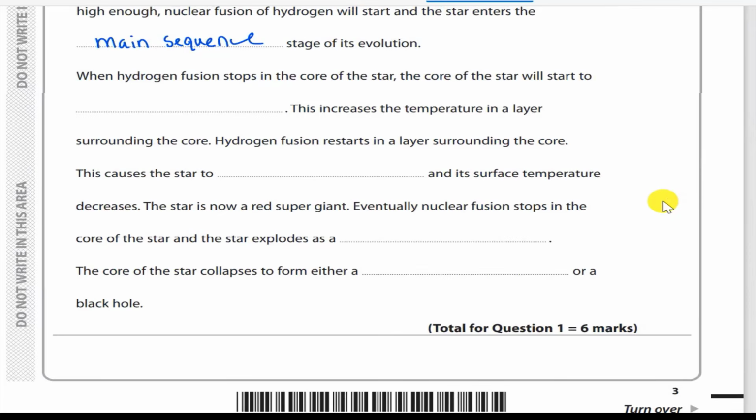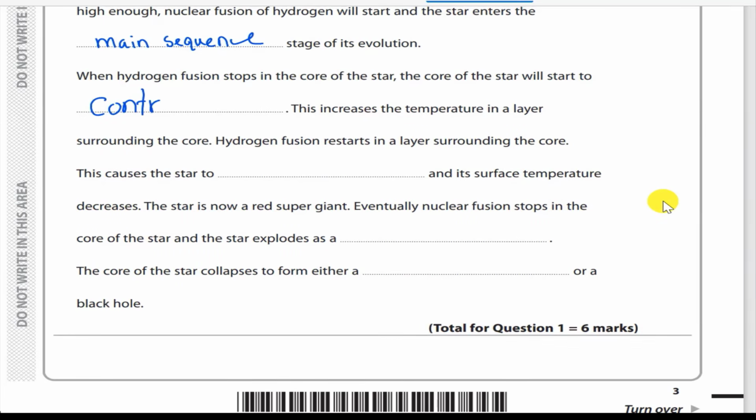When hydrogen fusion stops in the core of the star, the core of the star will start to contract. This increases the temperature in a layer surrounding the core. Hydrogen fusion restarts in a layer surrounding the core. This causes the star to expand, and its surface temperature decreases.